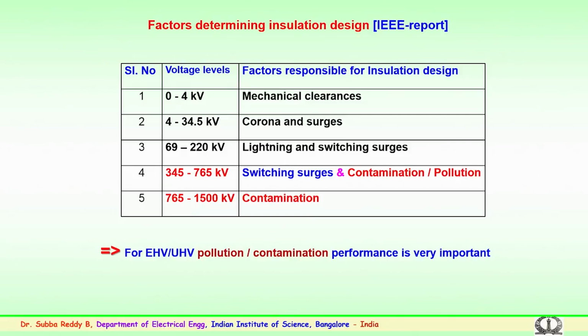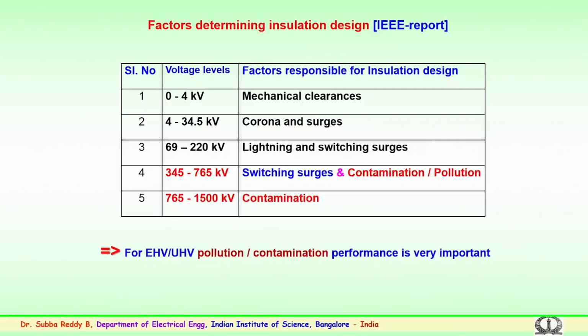Here, apart from lightning and switching, the contamination flashover or pollution flashover phenomenon dominates the scene, and further to 800 kV, again the major factor responsible for the design of insulation is the contamination or pollution.